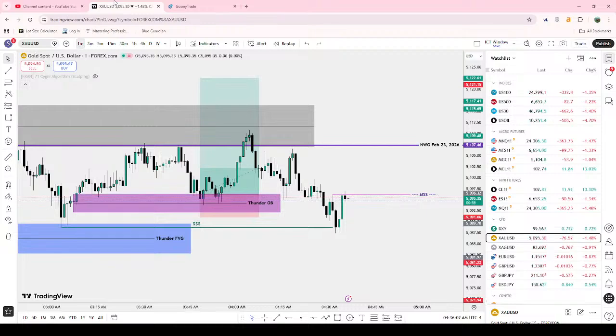We did not get any body candle close above the MSS, so this is not a valid market structure shift. We will be looking for a market structure shift above the MSS.